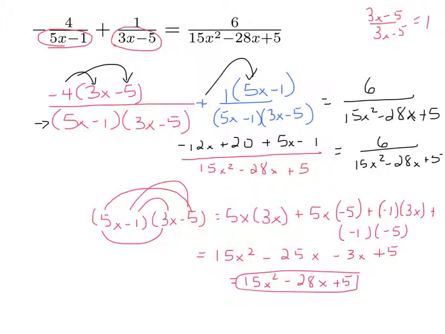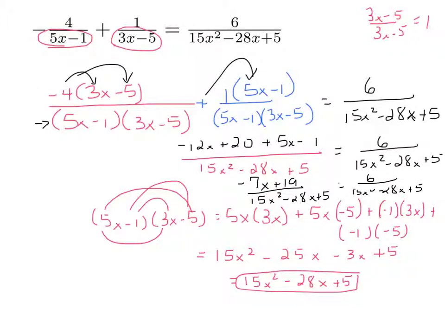Now I'm going to erase. So now I'm going to simplify this, and this is negative 7x plus 19 over this whole denominator, 15x squared minus 28x plus 5 equals 6 over 15x squared minus 28x plus 5.